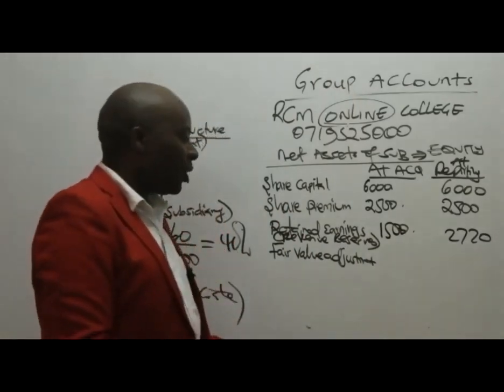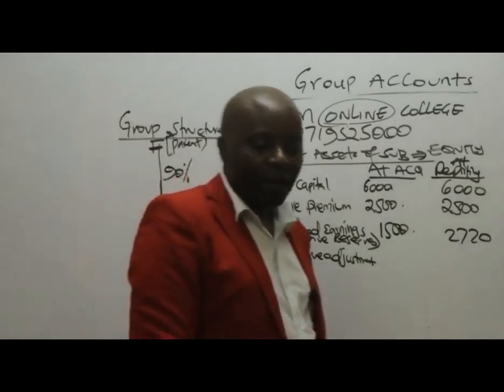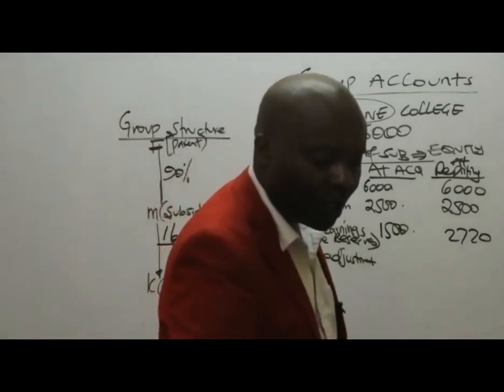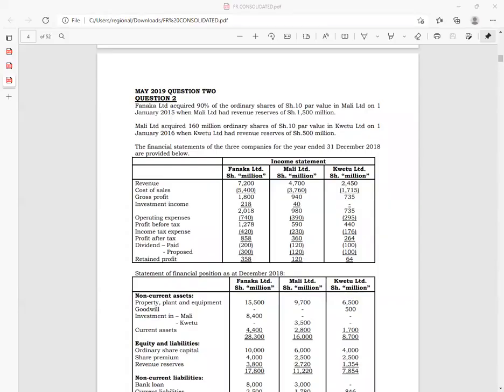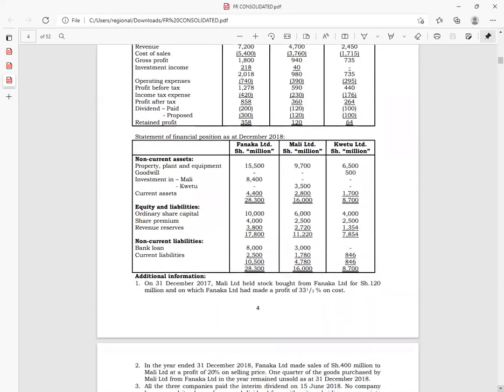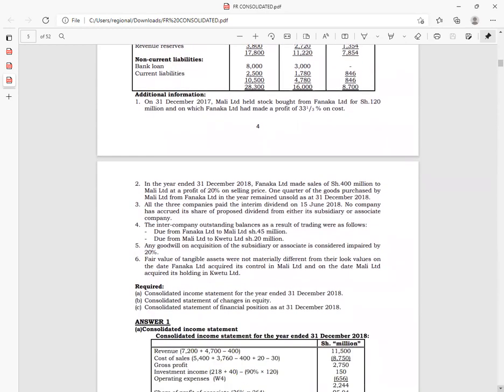And then we look for information on fair value adjustments, the revaluations basically. Do we have any revaluations in this question? If you look at the question, on 1st of December, Mali held stock. This is for unrealized profits on stock. Number 2, Fanaka Limited made sales. Again, this is for unrealized profit at closing. 3, interim dividends will not affect fair value adjustment.